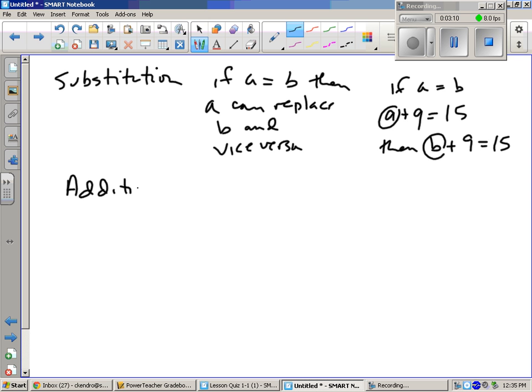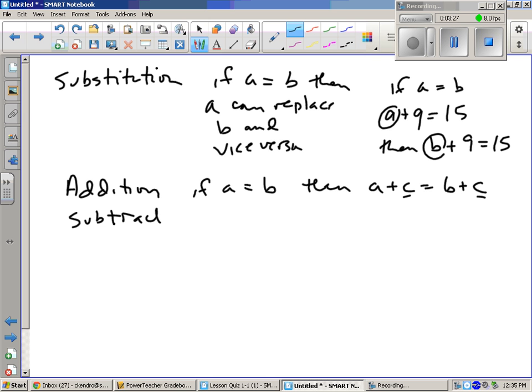The addition rule for equality. If A equals B, then A plus C equals B plus C. So you're just adding the same thing to both sides. Subtraction rule. We still have if A equals B, then A minus C equals B minus C. Multiplication rule.